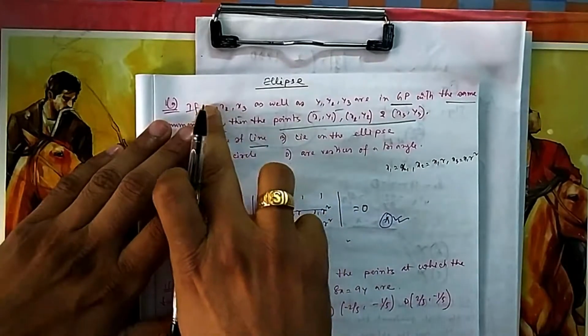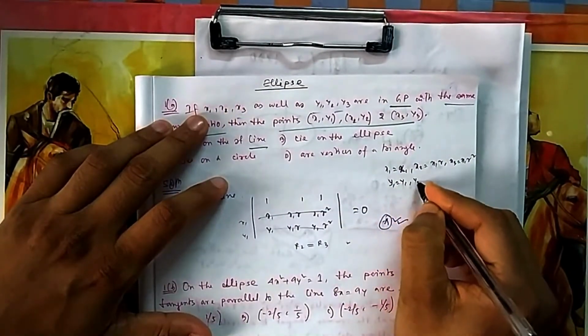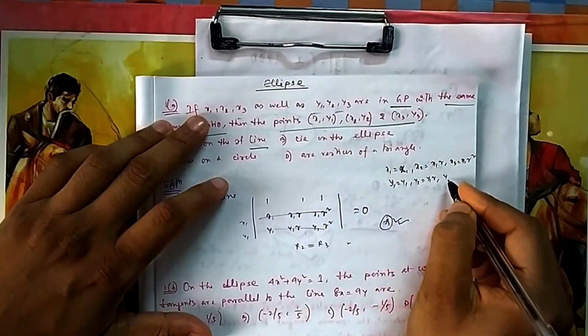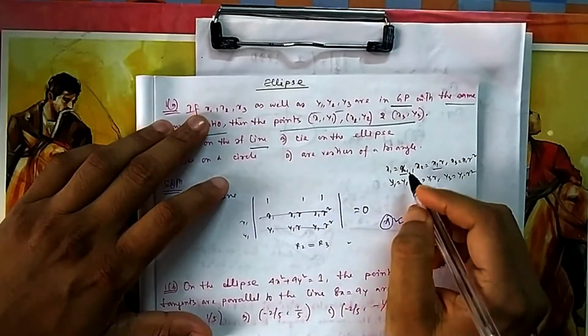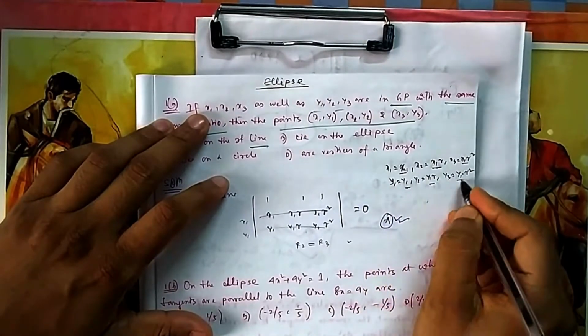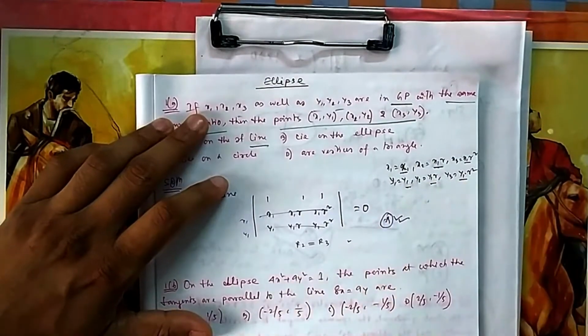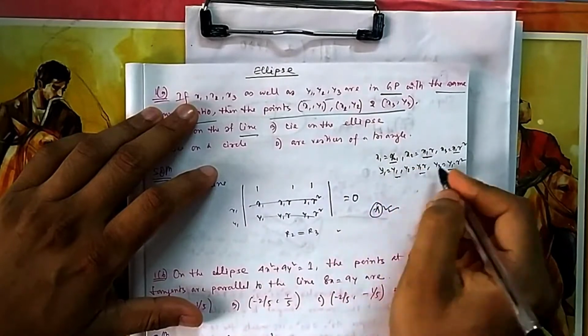If you take y1 as y1, next y2 will be equal to y1 into r and y3 equal to y1 into r square. So your points will be x1, x1r and x1r square, y1, y1r and y1r square. This is the meaning of the common ratio being the same.